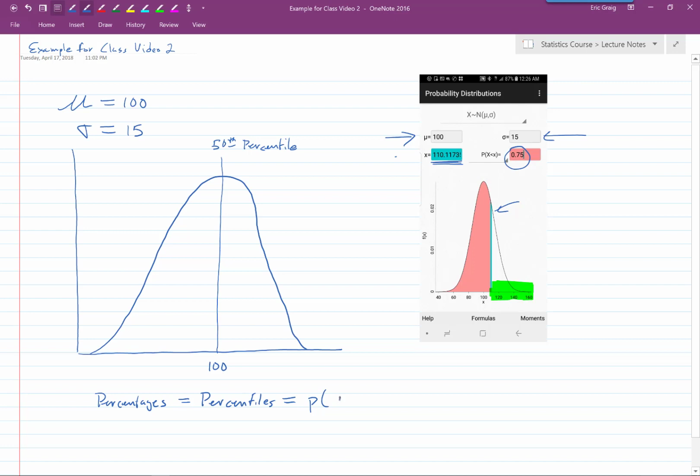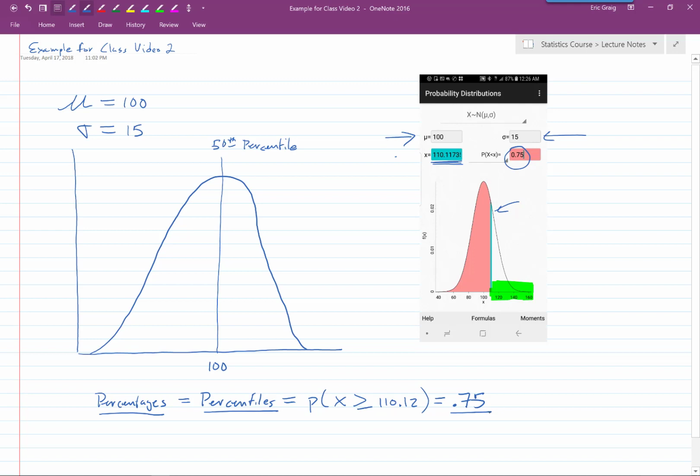The probability of a score being greater than or equal to 110.12, which equals a probability of 0.75. So all I'm trying to say here is that whether we use the word percentage, the word percentile, or this decimal, we're talking about the same thing.